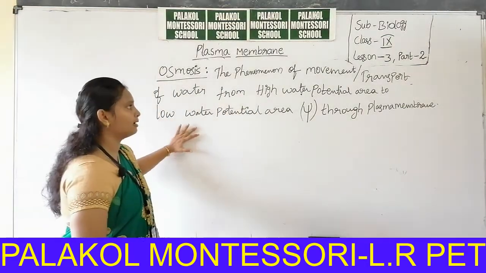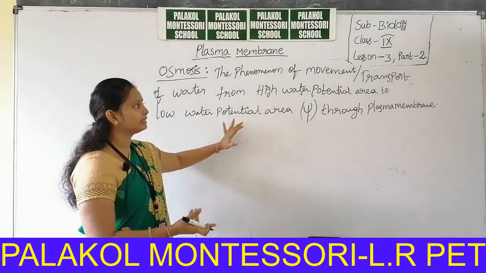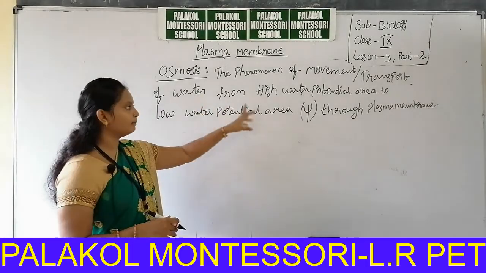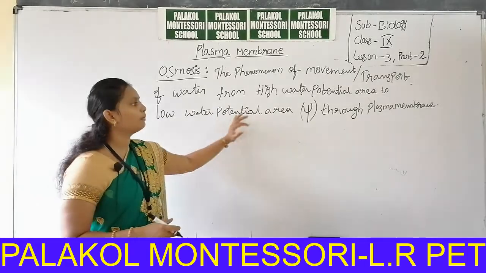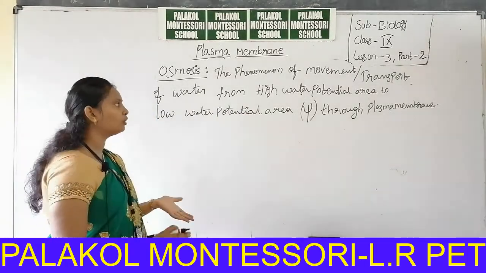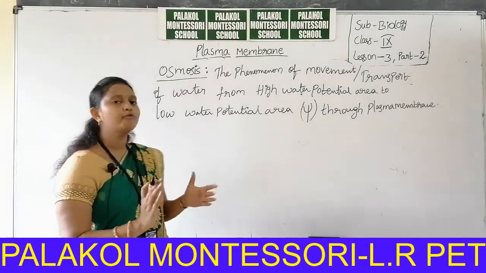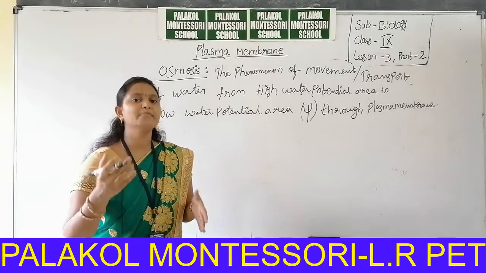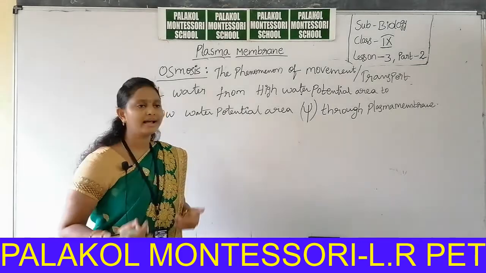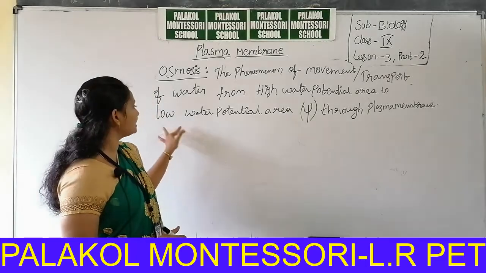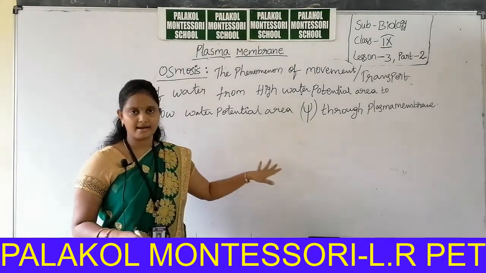The phenomenon of movement or transport of water from high potential area to the low potential area. What is the high potential and low potential here? If the water is more in quantity, that is called as high potential. If the water having low quantity, that is called as low potential area.